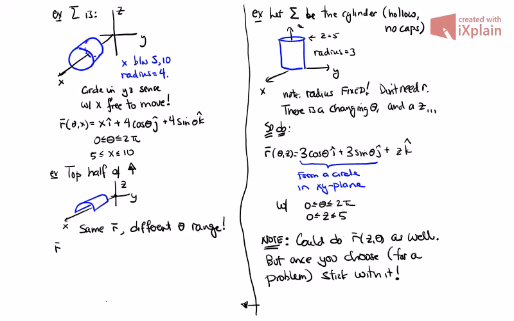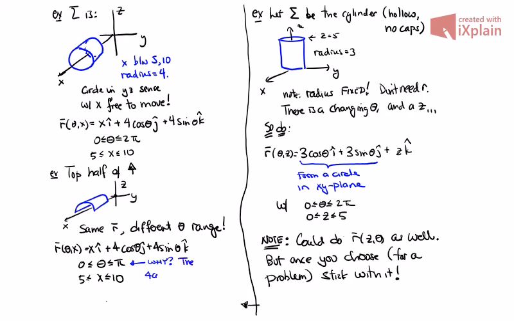So what we'll do here is I'll just relist it: x i plus 4 cosine theta j plus 4 sine theta k. Theta will go from 0 to pi. If you're not exactly sure why that is, that's all right, we'll clarify that in a second. x goes from 5 to 10 rather. So if you're curious why, the thing to look at is the i's and the j's and the k's.